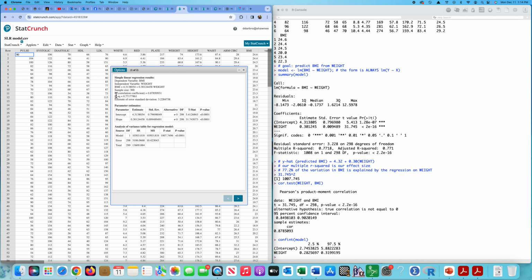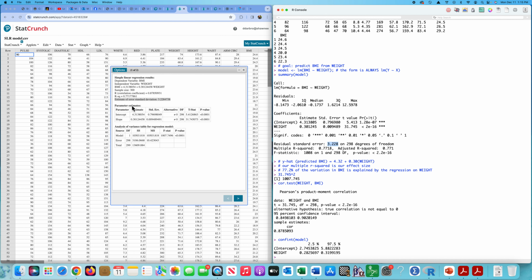Notice it gives us our correlation coefficient, which we got from this command, 0.878. Notice it gives us our R squared, 77.2%. Again, same thing we got right there, 77.2%. And it gives us our estimate of the error standard deviation that we get right here. So we get all the stuff the same over in StatCrunch.